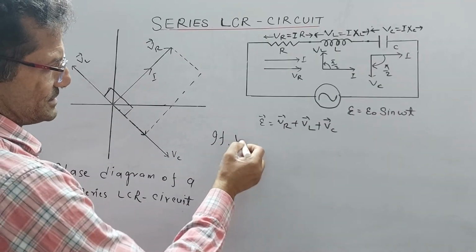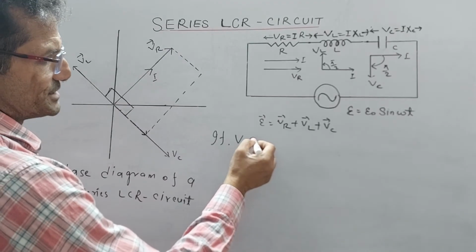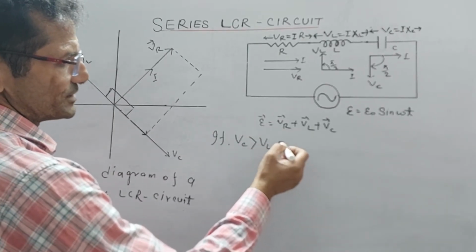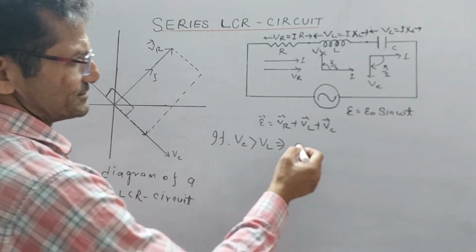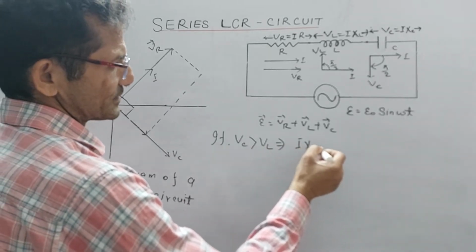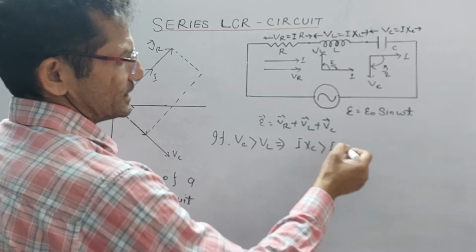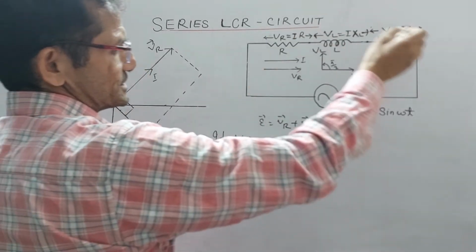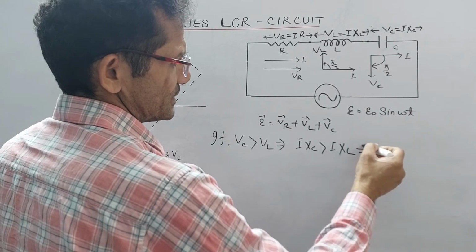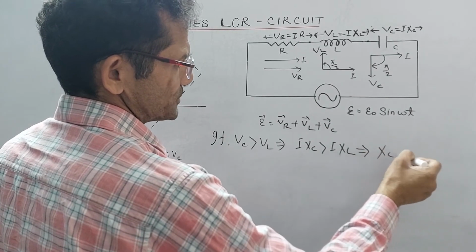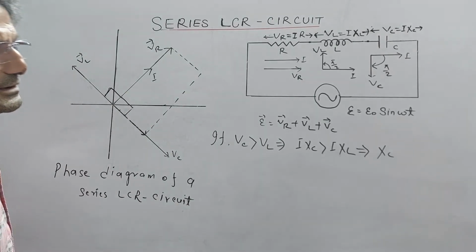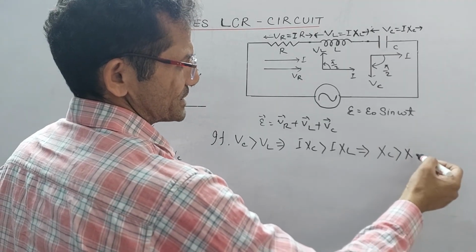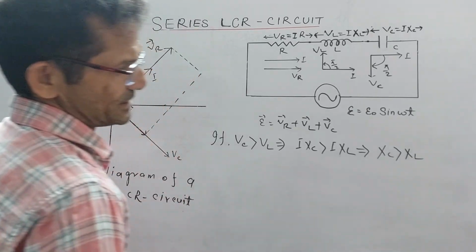Here VC is greater than VL. We already know that VC has the value I XC, greater than I XL. If I cancel out I, because in the whole circuit the current will be the same, we can also say that the capacitive reactance should be greater than the inductive reactance.